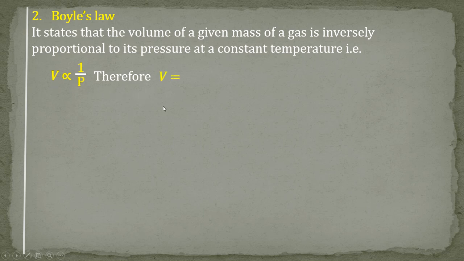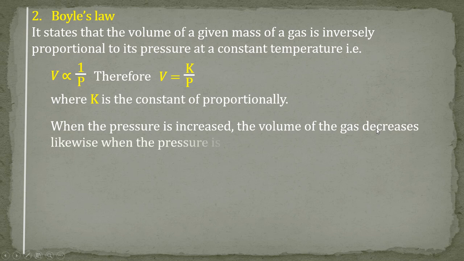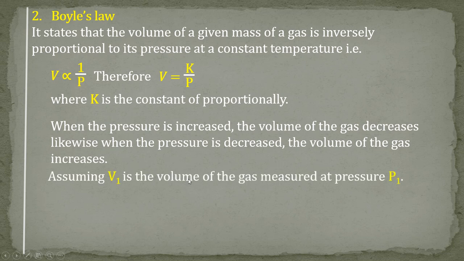So if we introduce our proportionality constant, which is kappa, or some of you will say K, we are saying that the volume is inversely proportional to P, where K is the constant of proportionality. From what we have explained, when the pressure is increased, the volume of the gas decreases. Likewise, when the pressure is decreased, the volume of the gas increases. As simple as that.